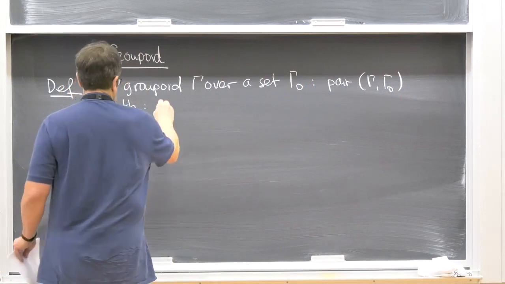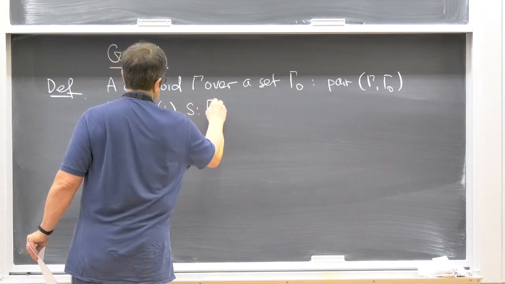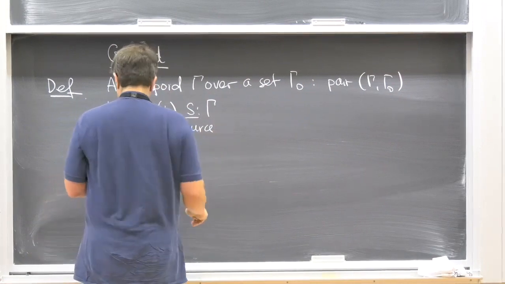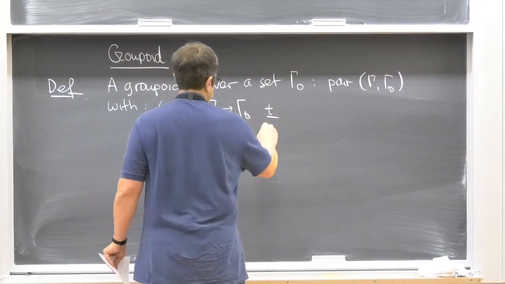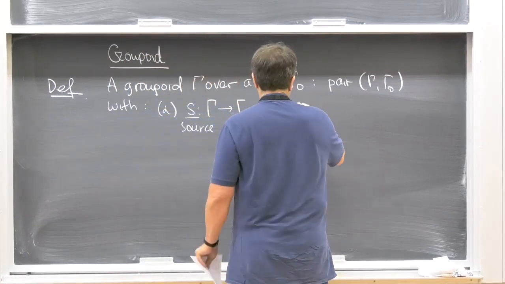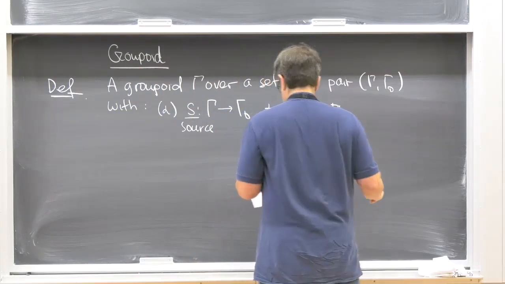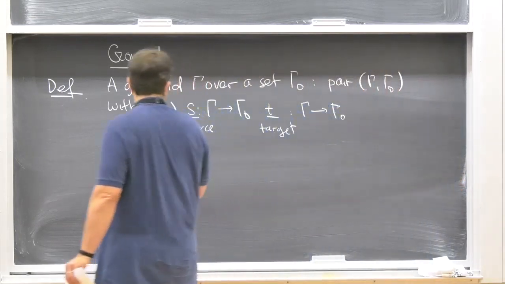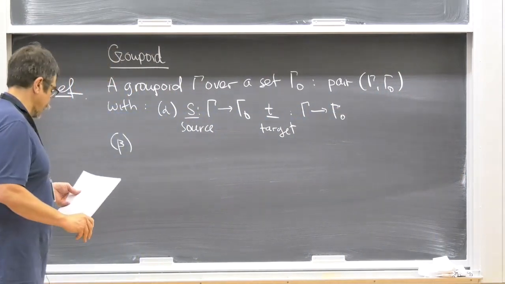I will just introduce some operations that play a prominent role, namely the source and target map. And we also can define multiplication on the corresponding set.